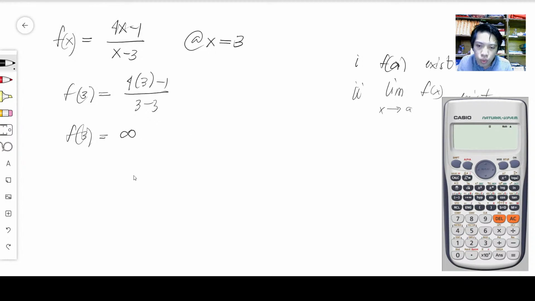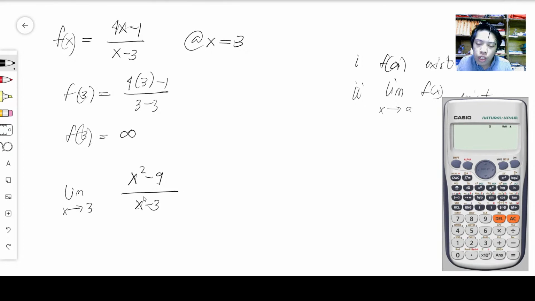For example, suppose we have x squared minus 9 over x minus 3, and we are asked for the limit of this function as x approaches 3.